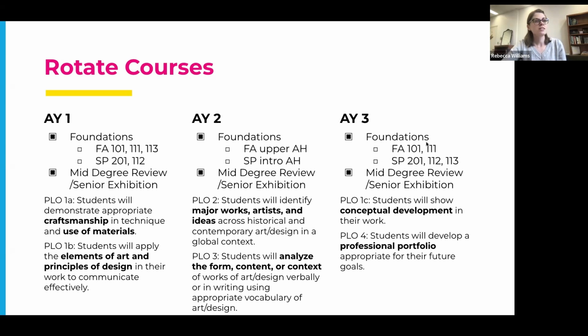And we go back to the same studio courses in the third year, but to balance the load from having a heavy fall that first year, we move 113 to the spring to evaluate that course there. Consistent across all, though, we evaluate mid-degree review and senior exhibition each academic year on the different PLOs.